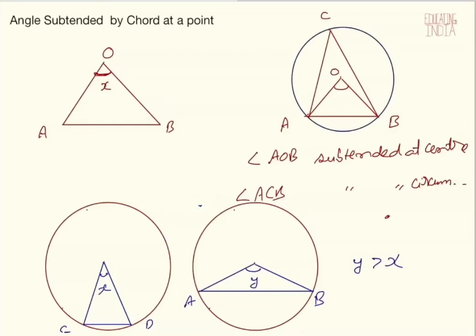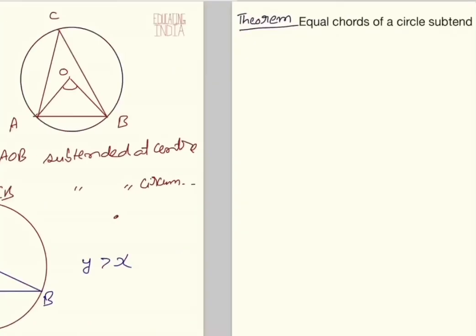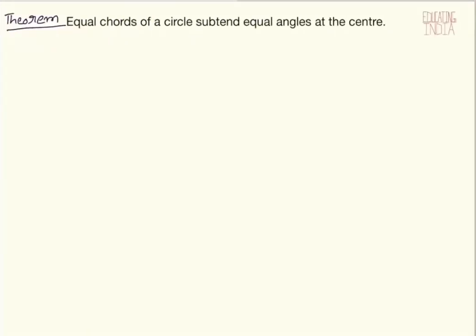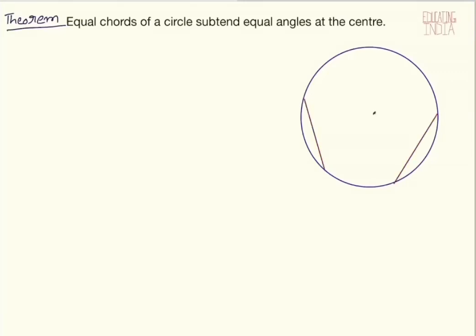So what happens if the two chords in the circle are of the same length? Regarding this we have a theorem: equal chords of a circle subtend equal angles at the center. We have to prove this theorem. We draw a circle with two chords AB and CD, and this is the center of the circle.